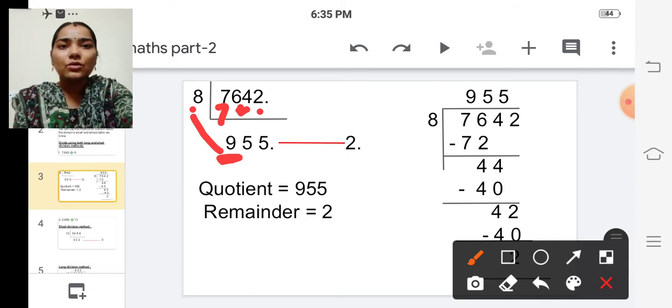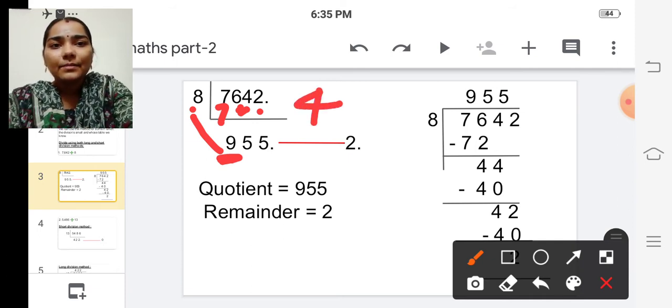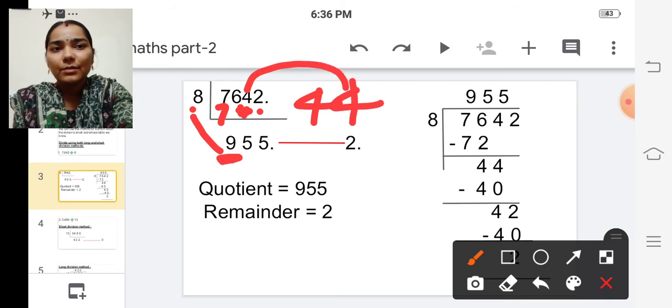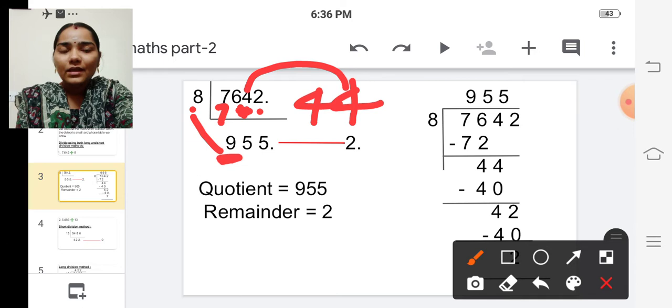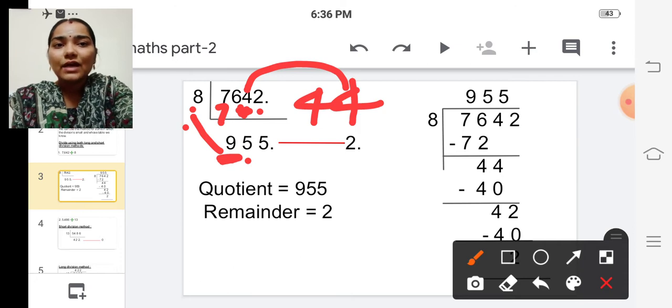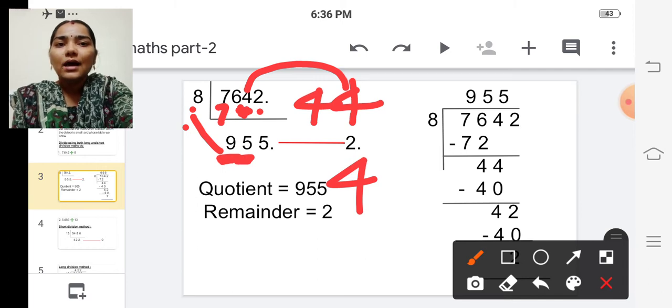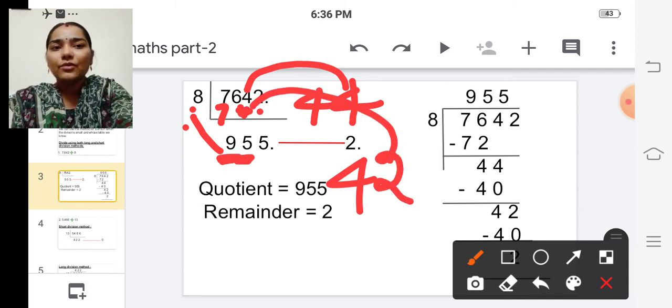It's 4. And bring down the next digit. What is the next digit here? 4, isn't it? So bring this next digit here, and the number becomes 44. 5 eights are 40, so we write this 5 here, and subtracting 40 from 44 we get 4 again. Bring down this 2 here, so it becomes 42.